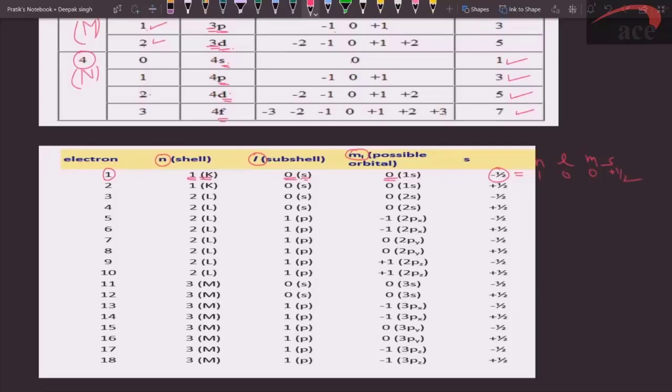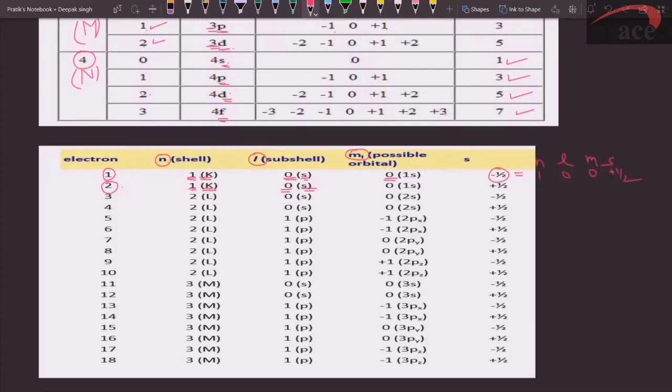Let us try it for the second electron. Students, the second electron again enters into the K shell. For the K shell, the value of N is 1, and again it enters into the same subshell, that is S. For S, the L value is expressed as 0.